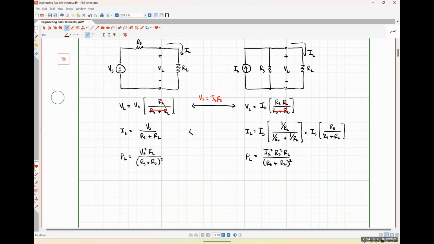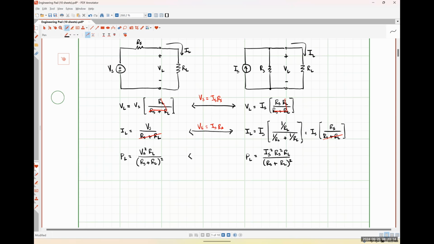Under what conditions are my currents equal on both sides? Notice that I have a common factor of 1 over RS plus RL on both sides. So I can scratch that out and scratch that out. And once again, I get VS is equal to IS times RS.